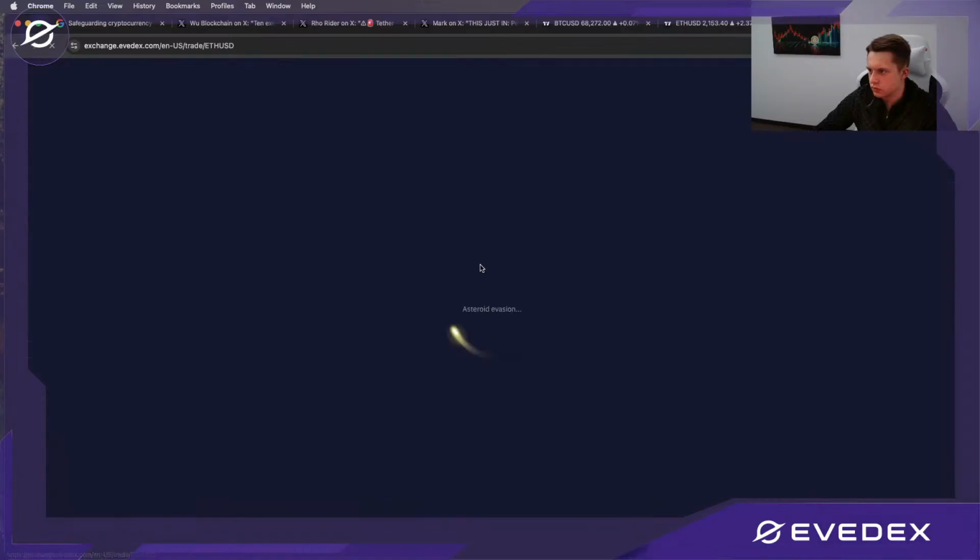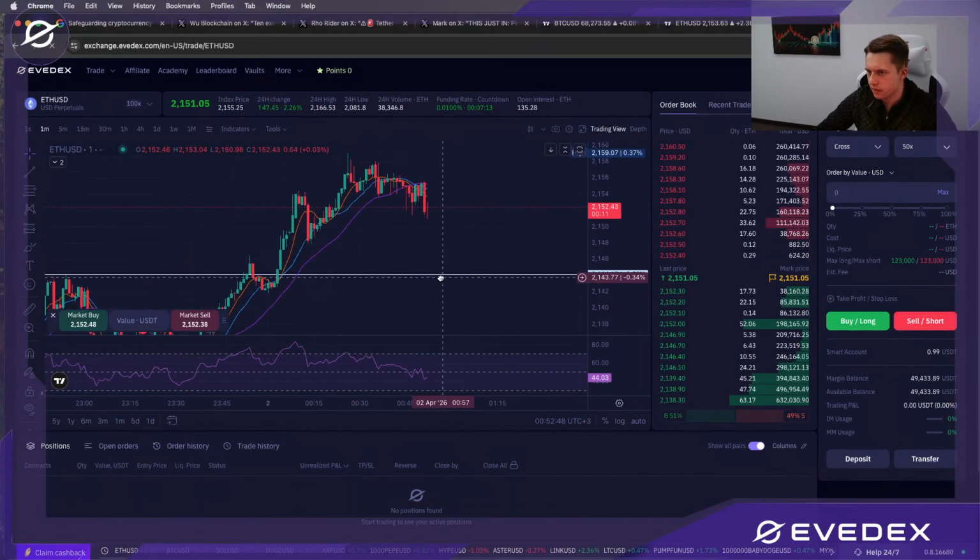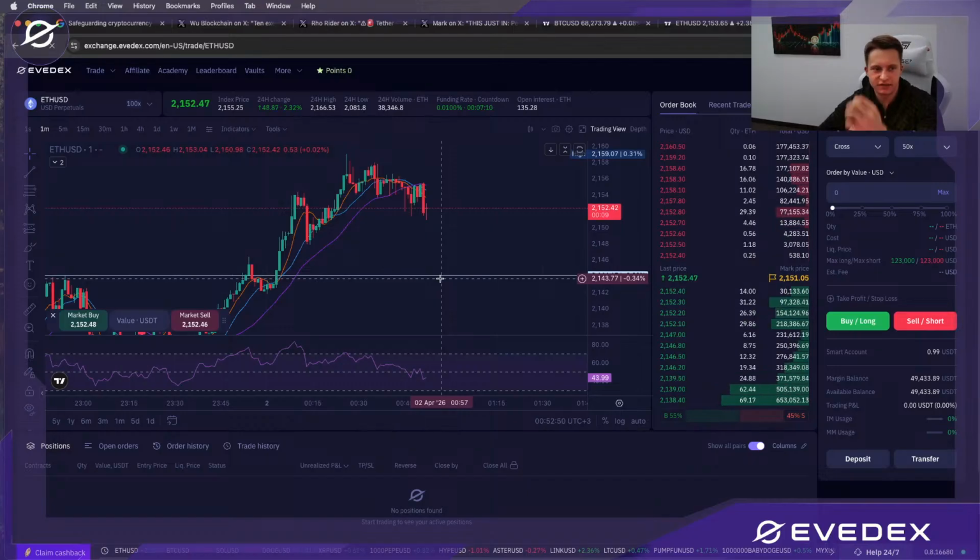It's not looking too good, I'm not gonna lie. Market structure wise, we're not really getting any good indication of where the price wants to go.